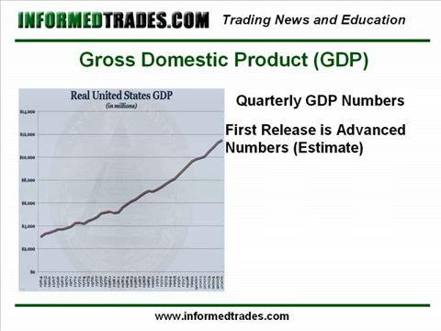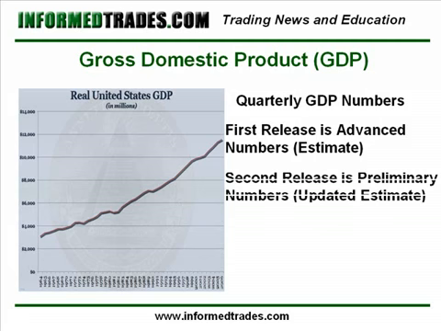So let's say after the end of the first quarter, in the next month you're going to get the advance numbers, which is an estimate because they don't have all the data in, they haven't had time to pore over everything. That number is going to be watched closely because it's the first hint, or estimate, of what the growth in the economy was for the quarter.